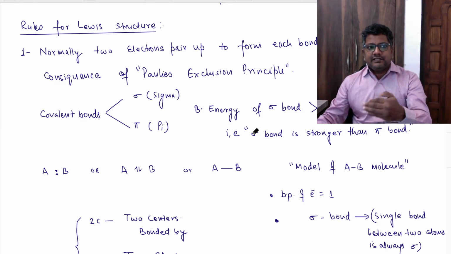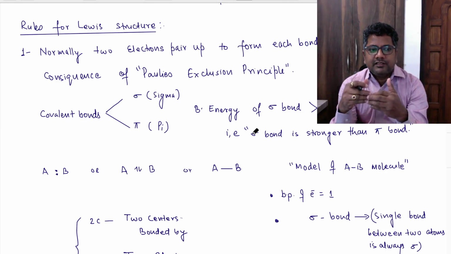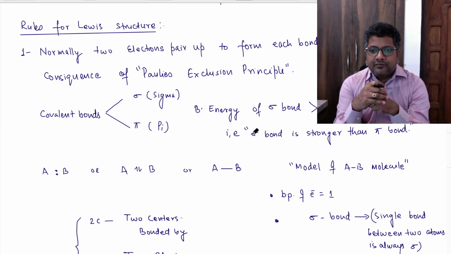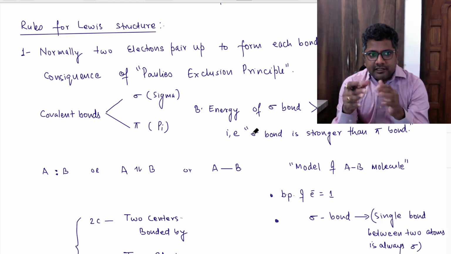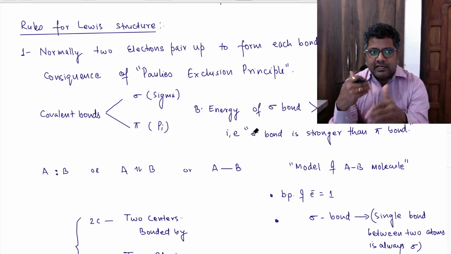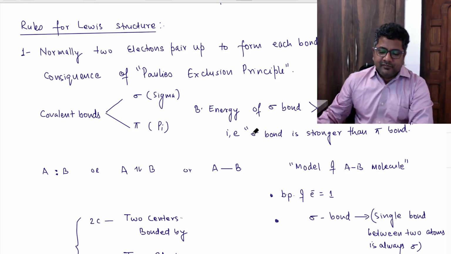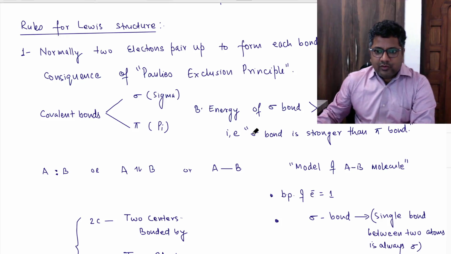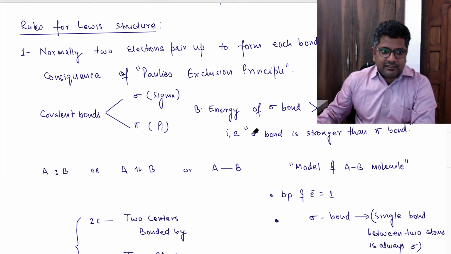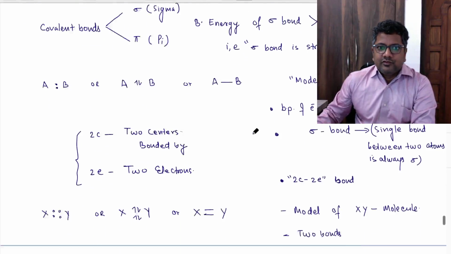So bonds are formed in multiples of this 2C2E, right? You keep the two centers constant, but you can pair up 2, 4, 6 electrons like that, right?